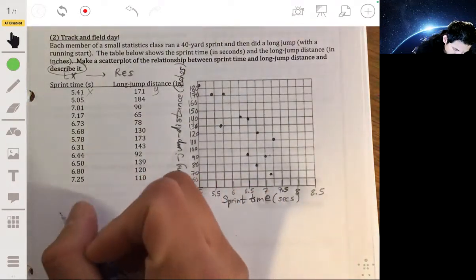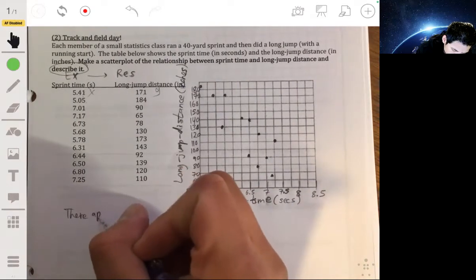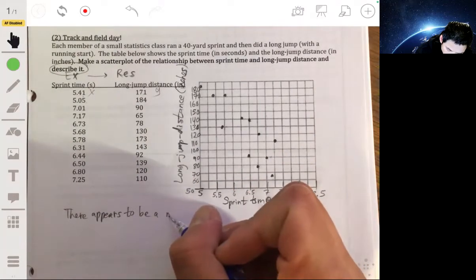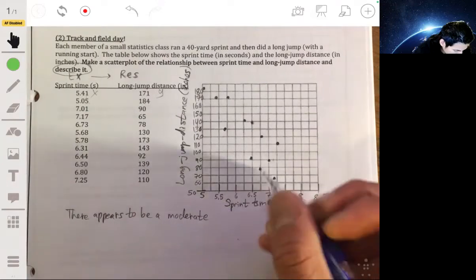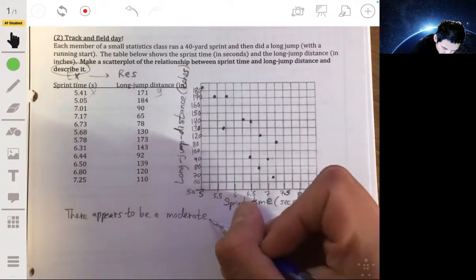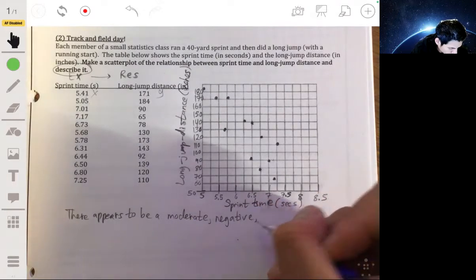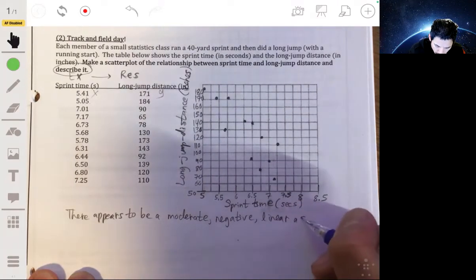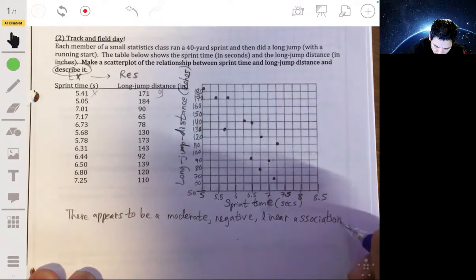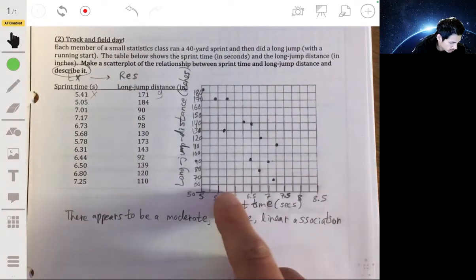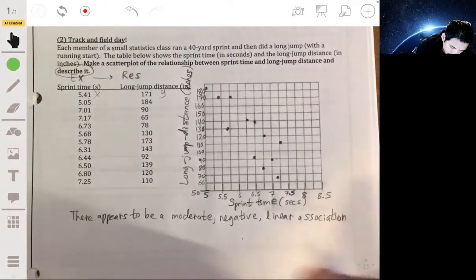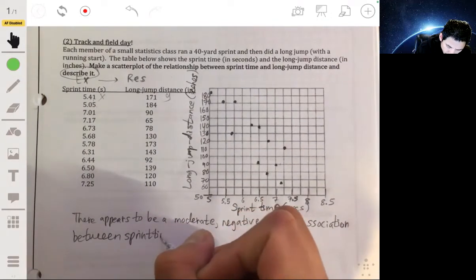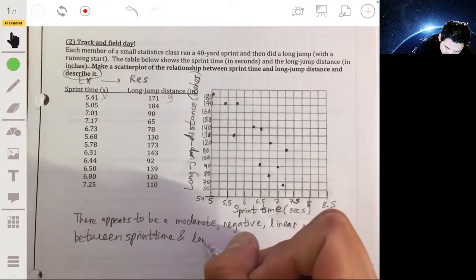So we would say something like, there appears to be a moderate negative linear association between sprint time and long jump distance.